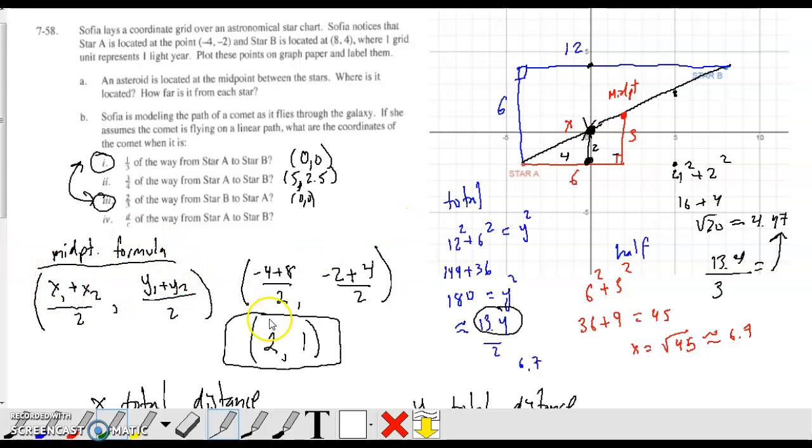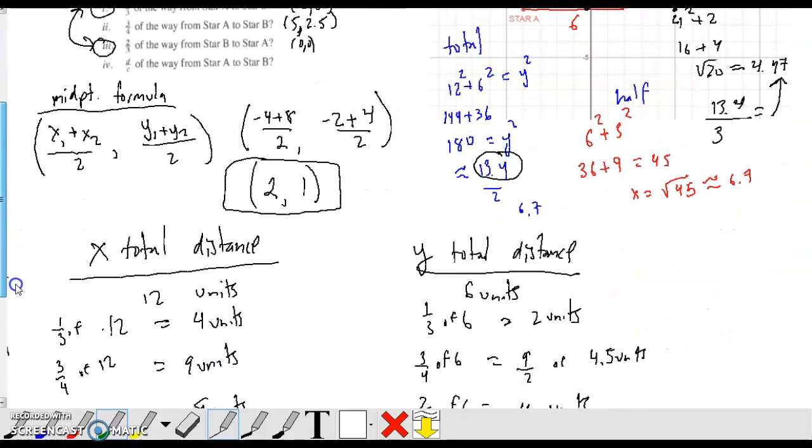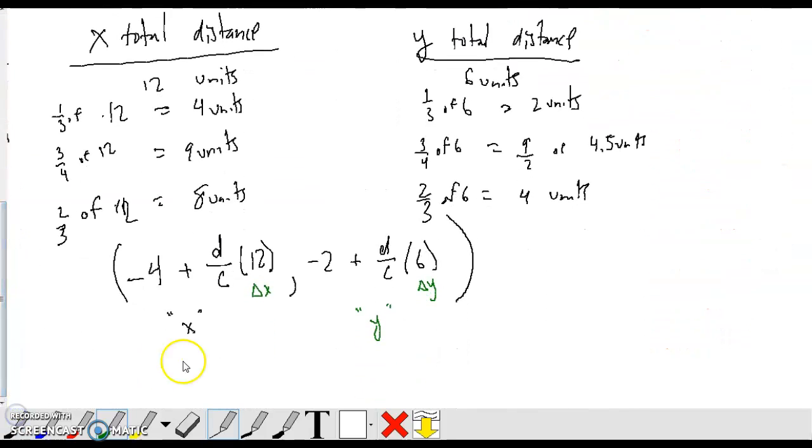And let's just double check our midpoint formula, not that we have to use our midpoint formula, but we can totally use this. So we just want to verify that I'm going to get the midpoint, right? So I take -4 plus 1/2 of 12, and then -2 plus 1/2 of 6, okay?